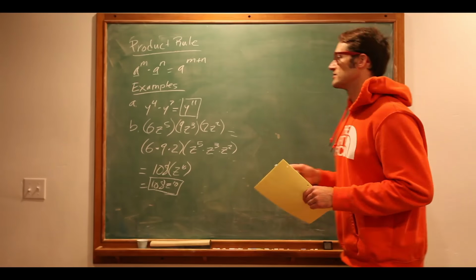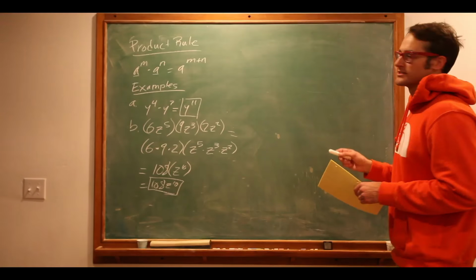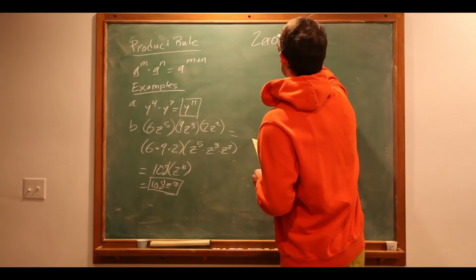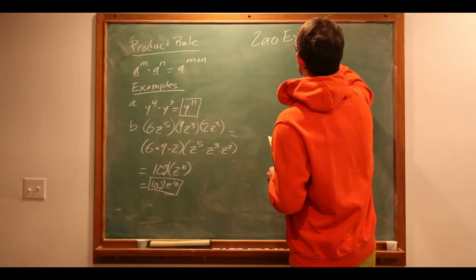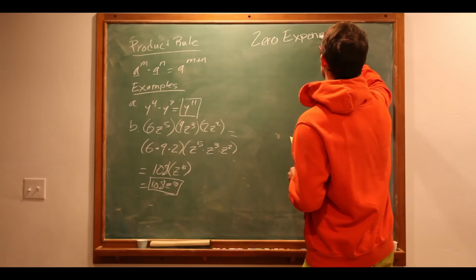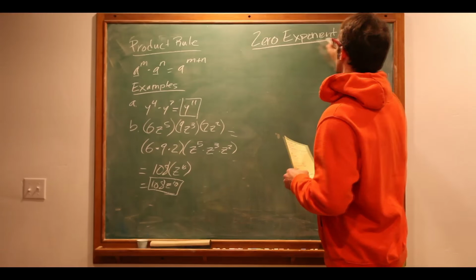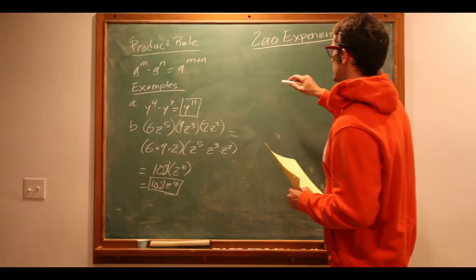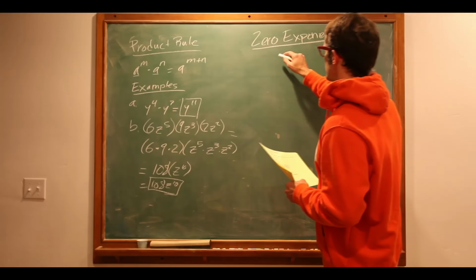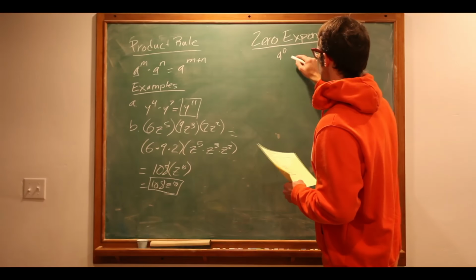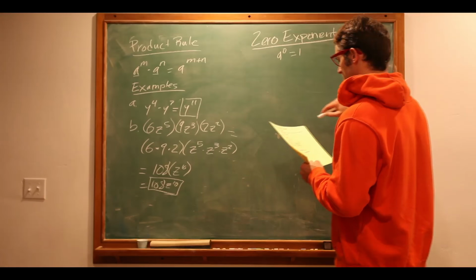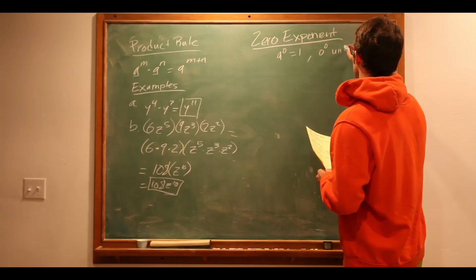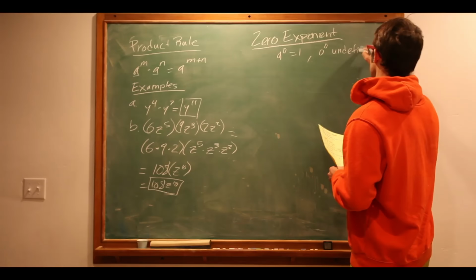Now we're going to go into zero exponents. You also probably remember this: any base raised to 0 is 1 unless the base is 0. So the rule is a raised to the 0 equals 1, and 0 raised to the 0 is undefined.